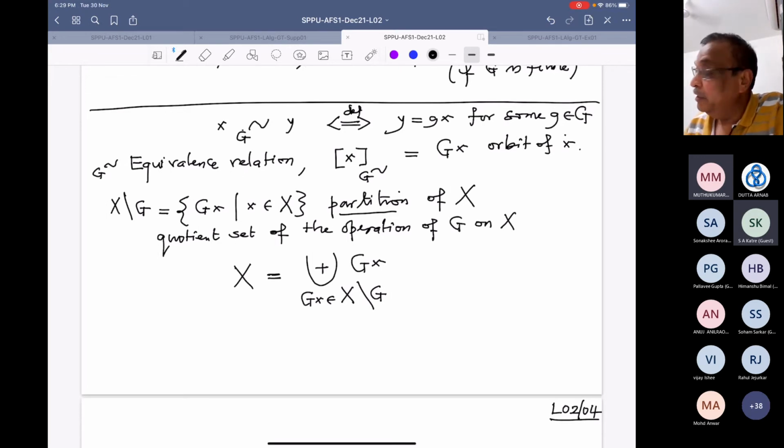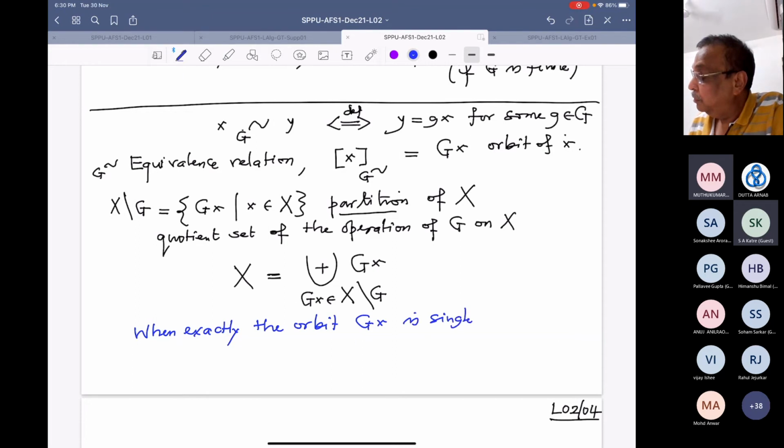So I want to analyze when the orbit is a singleton. So when exactly is the orbit Gx a singleton? Then the only possibility is the singleton {x}, because x belongs to that orbit.